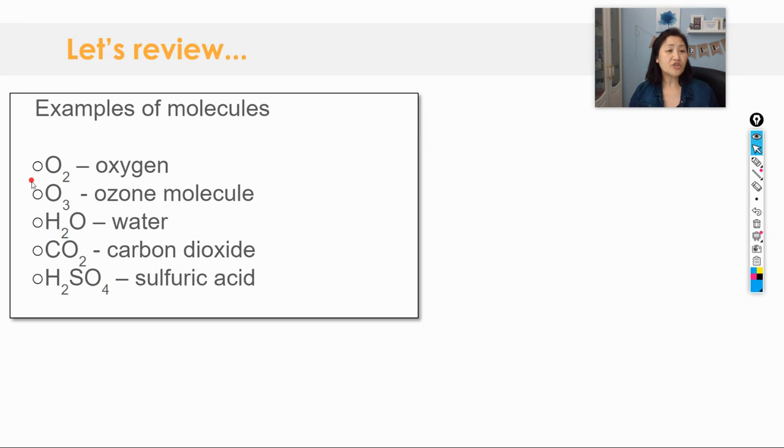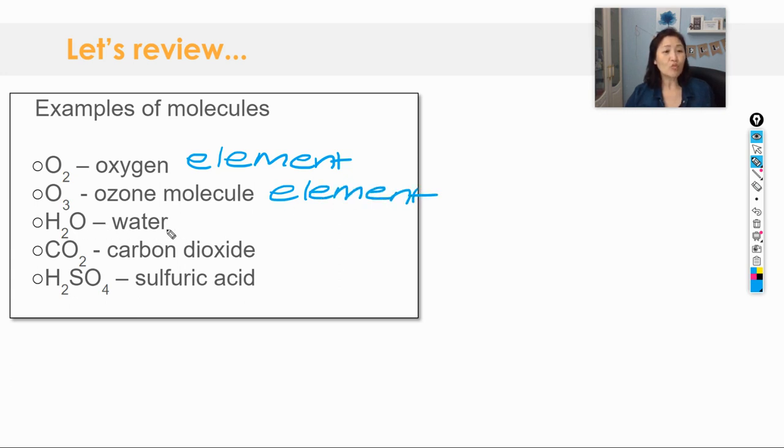So here on this page, there are different examples of molecules. O2, we looked at it together. So this is a molecule, and at the same time, it's an element. The second kind is O3, the ozone molecule, and it is also an element.